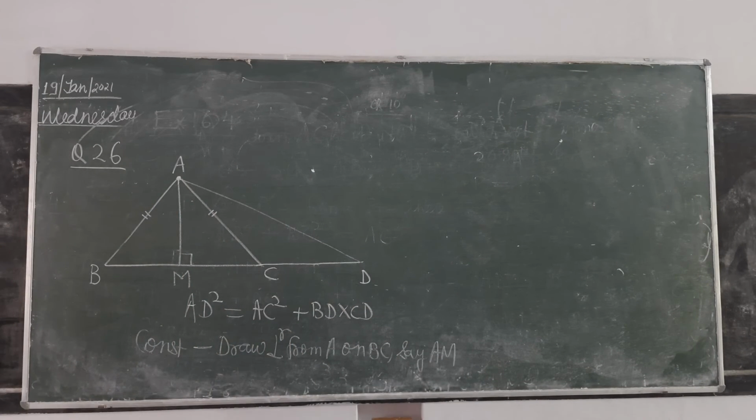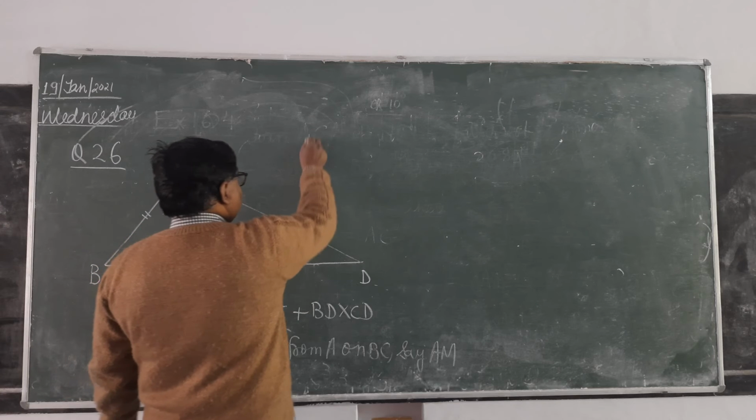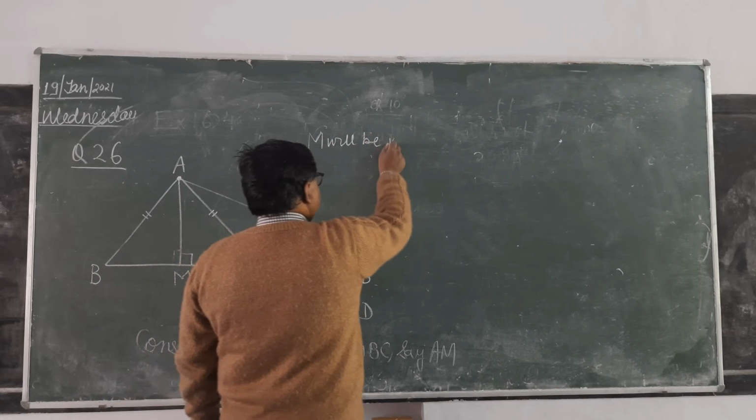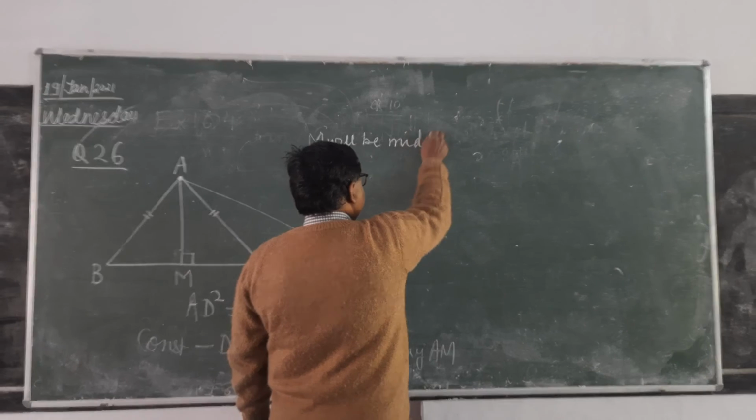It's clear? Therefore, M will be the midpoint of BC.